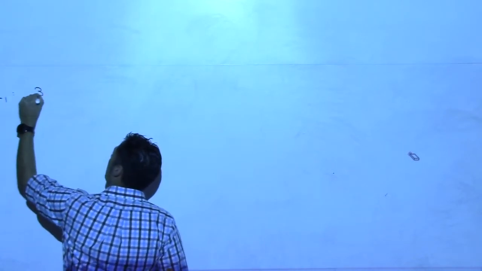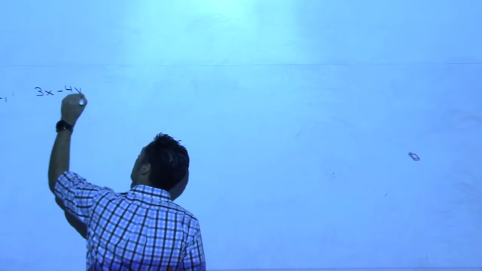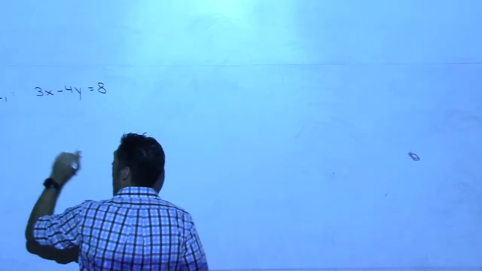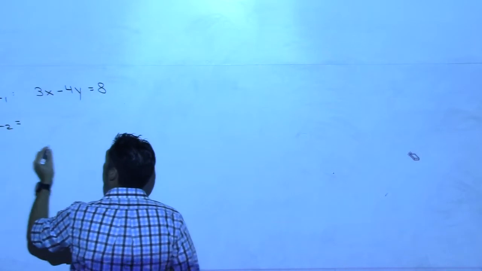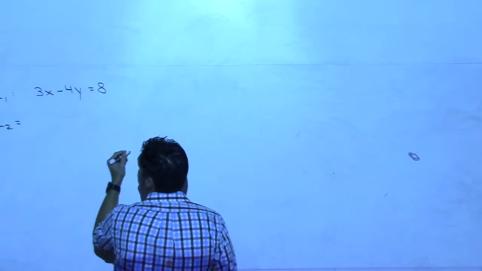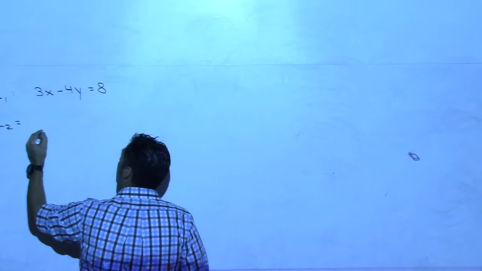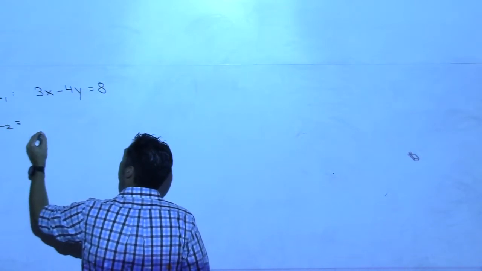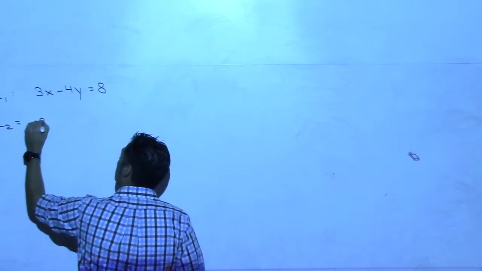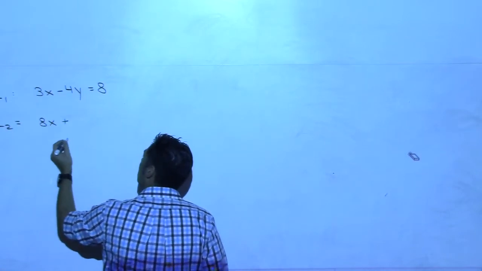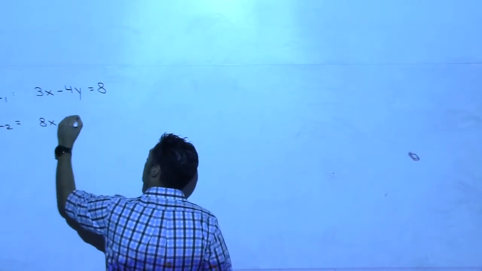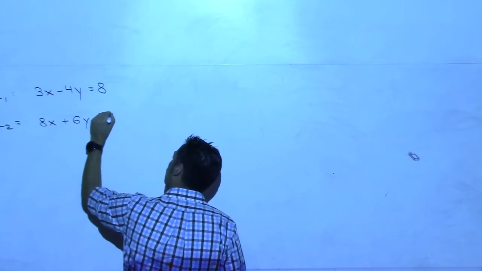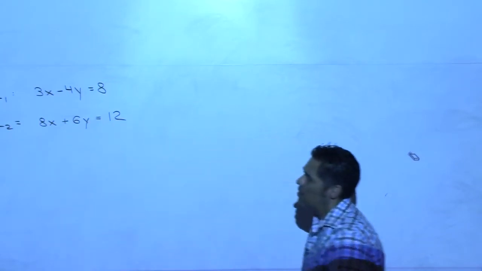Let's say L1 is the line 3x minus 4y equals 8, and L2 is 8x plus 6y equals 12. Are these 2 lines parallel, perpendicular, or neither?